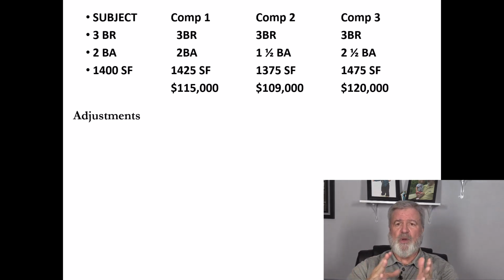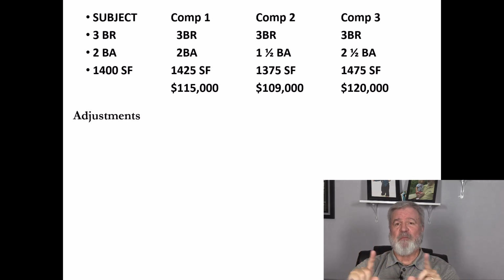So anyway, how do we know which one to do? Here's the rule of thumb. If the comparable property has more of anything than the subject, then you must subtract. If the comparable property has less than the subject, then you must add.